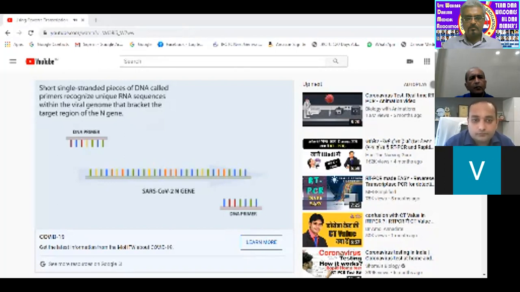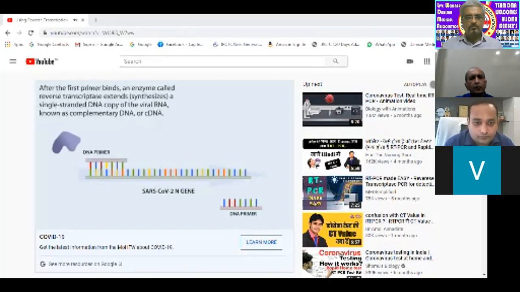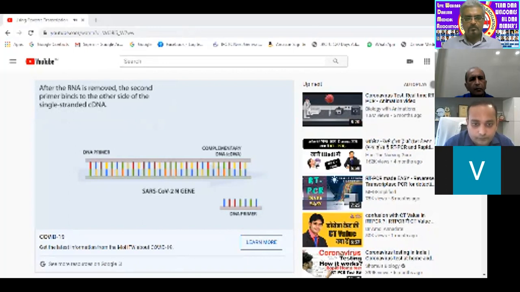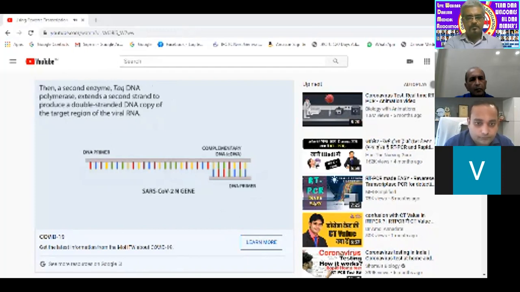After the first primer binds, an enzyme called reverse transcriptase extends, synthesizes, a single-stranded DNA copy of the viral RNA, known as complementary DNA, or cDNA. After the RNA is removed, the second primer binds to the other side of the single-stranded cDNA. Then, a second enzyme, taq-DNA polymerase, extends a second strand to produce the double-stranded DNA copy of the target region.